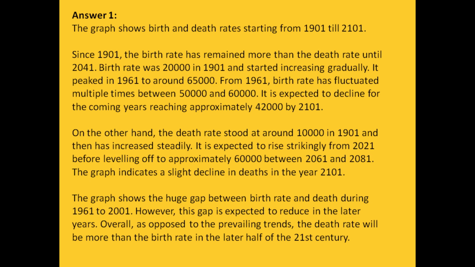On the other hand, the death rate stood at around 10,000 in 1901 and then has increased steadily. It is expected to rise strikingly from 2021 before leveling off to approximately 60,000 between 2061 and 2081. The graph indicates a slight decline in death in the year 2101.